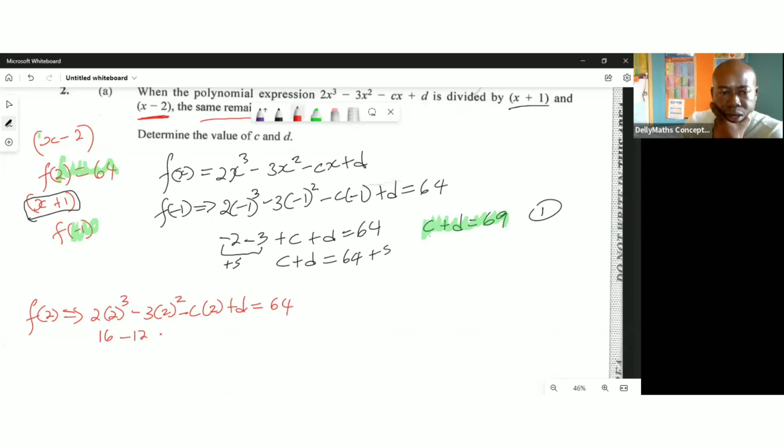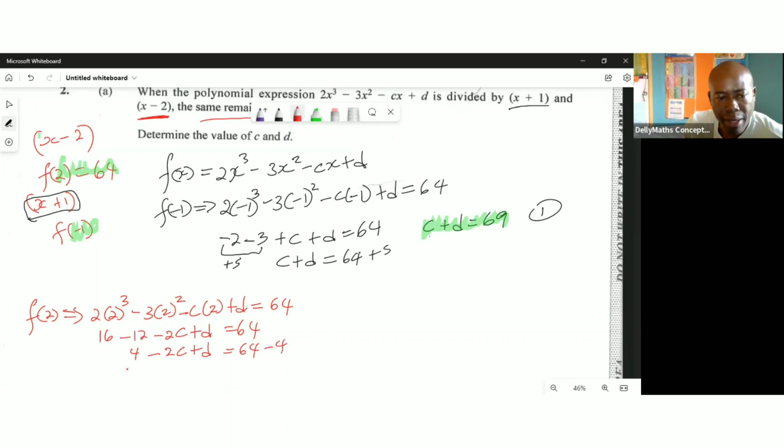And then this becomes minus 2c plus d equal to 64. This becomes 16 minus 12, which is positive 4, so 4 minus 2c plus d equal to 64.